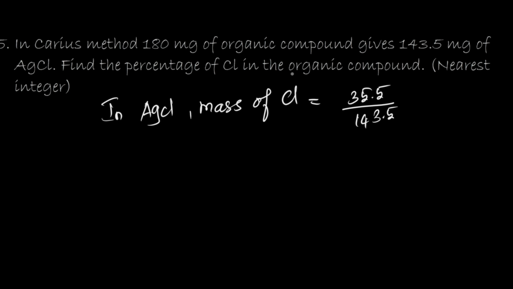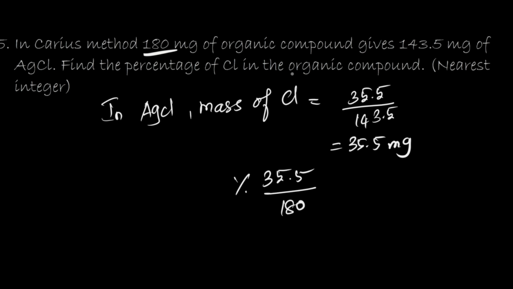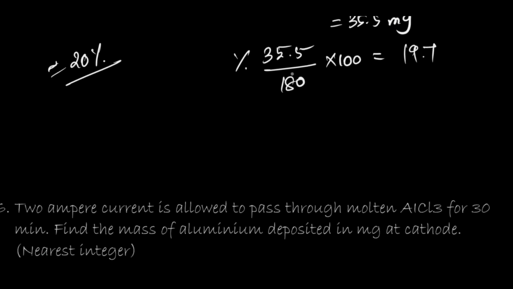Is it? So the mass of Cl here is 35.5. Then you just need to calculate it from the total 180 milligram of the organic compound. So which makes it 35.5 by 180 into 100, that is 19.7. They are saying nearest integer, which makes 20% as the answer.